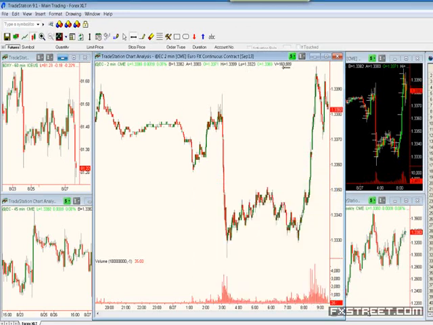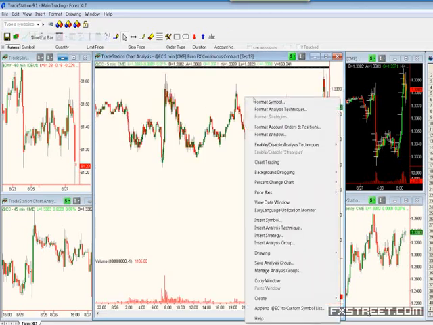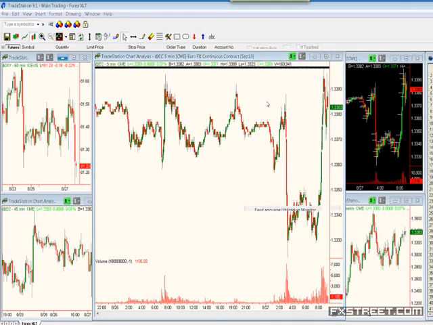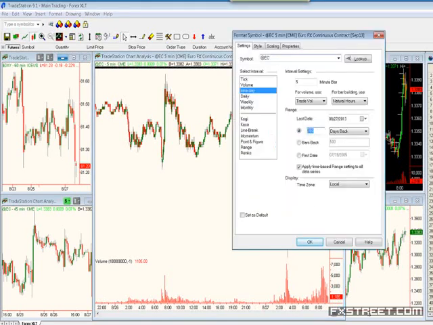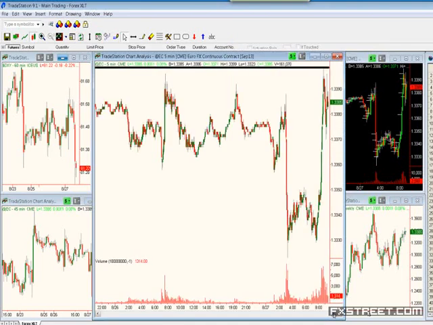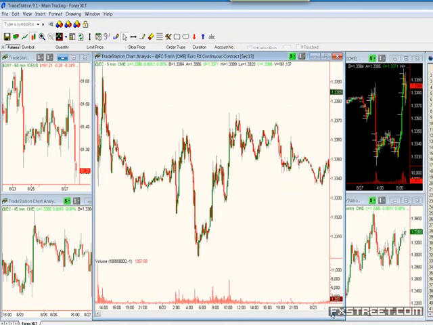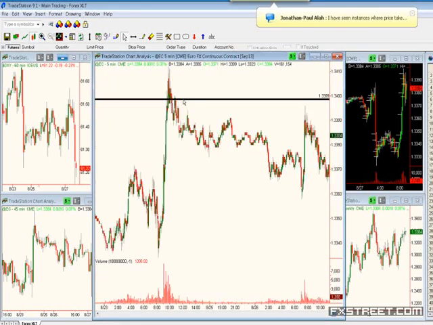And having said that, let me put a horizontal line here and we'll scroll back. Probably going to need to add some days. Okay, let me scroll back and see what we find. Ooh, not bad.